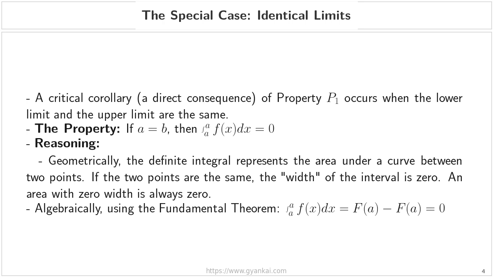Therefore, both geometrically and algebraically, we arrive at the same conclusion. The definite integral from A to A is always 0. This is a really useful shortcut to remember, and we'll see how it can simplify things in more complex problems later on. Before we move on to an example, make sure you understand why this is true. It's a direct result of the properties we've already established.